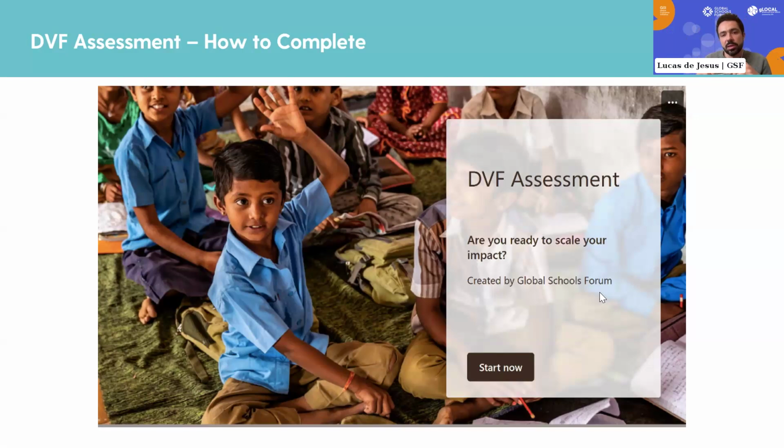So you can have your leadership, for example, of your organization taking the DVF assessment, passing through this self-reflection process, scoring these 15 elements, and then you can have a session where you reflect together. From our experience, it's really valuable using it in this sense. And the questionnaire, next slide, please.